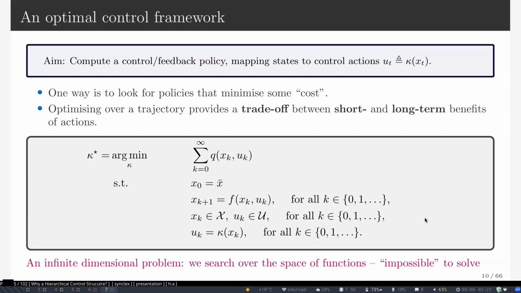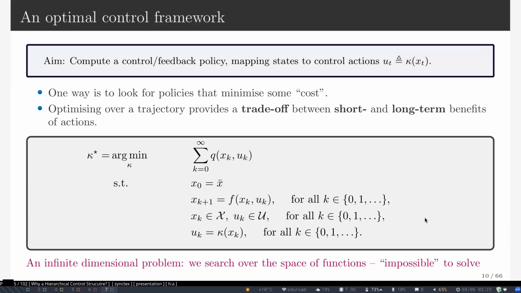And what it ends up looking like, a typical optimal control problem has this structure. It has a bunch of costs for different time steps. Because it's a dynamical system, it has to start from some initial condition. It has an equation that describes its dynamics.